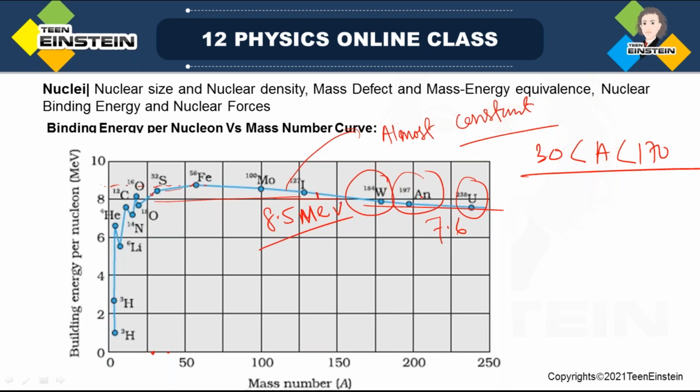So what does this mean? We have seen that the binding energy is the energy required to break away the constituent neutrons and protons.